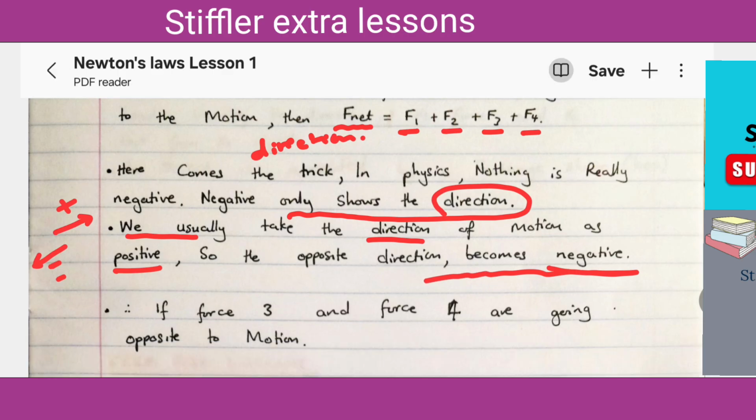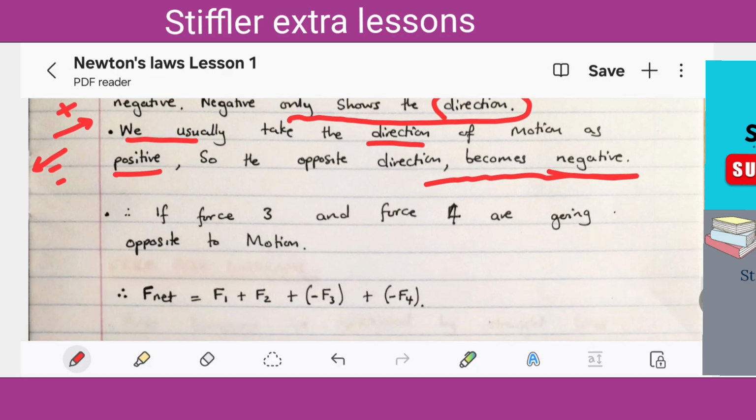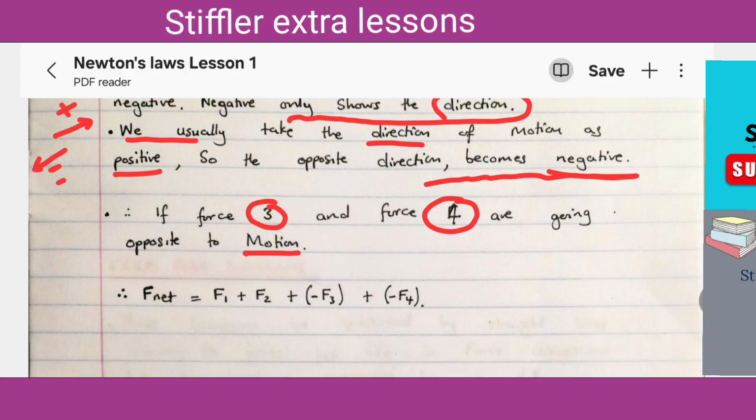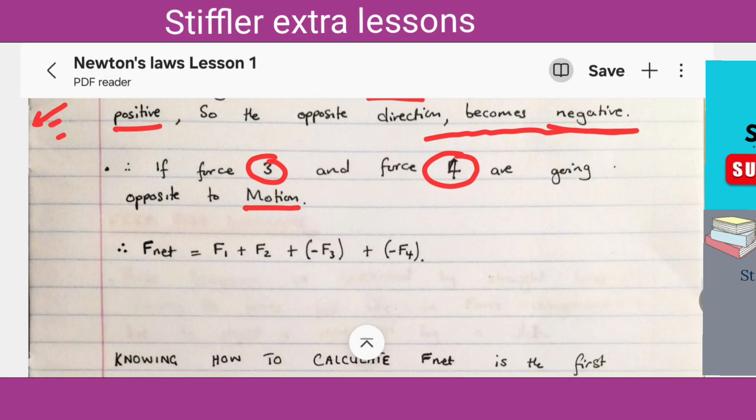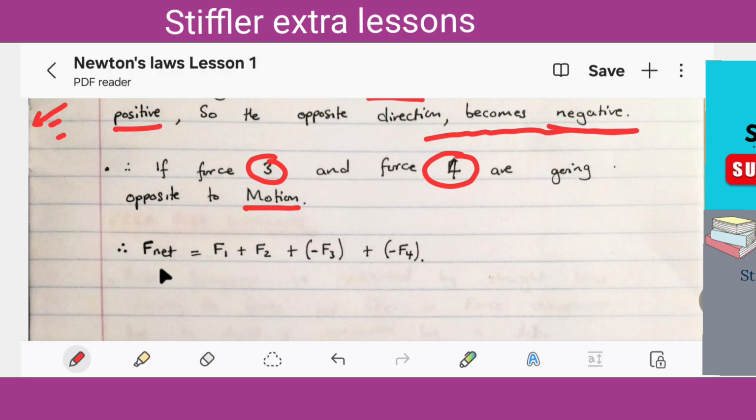Now let's suppose that of those four forces, force 3 and force 4 are going in the opposite direction of motion. For us to find the F net, since F net is the sum of all the forces acting on an object, our F net becomes F1 plus F2 plus negative F3.